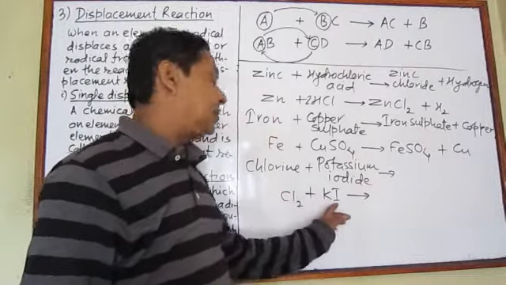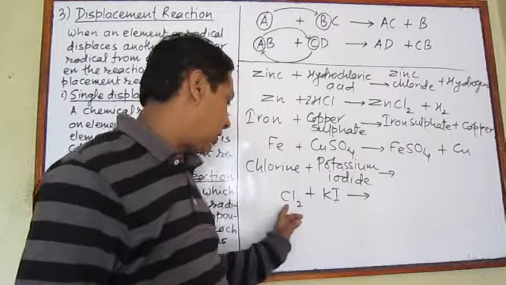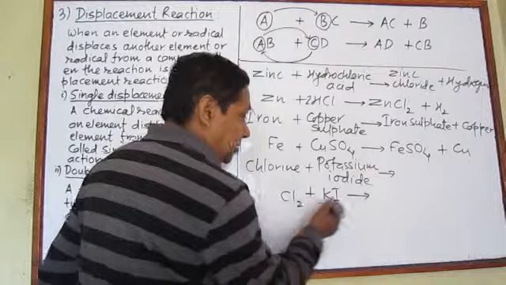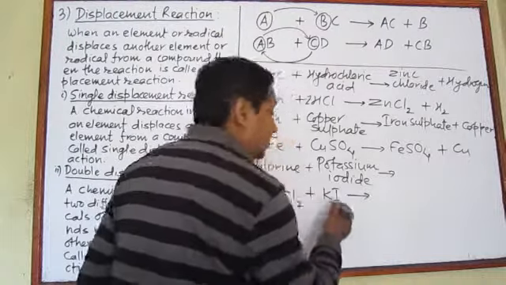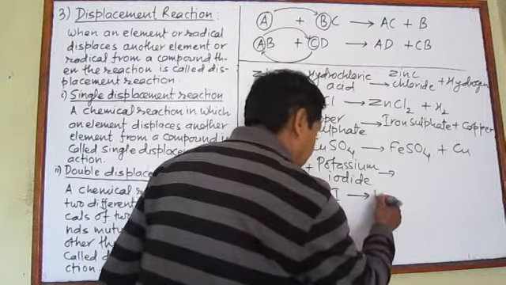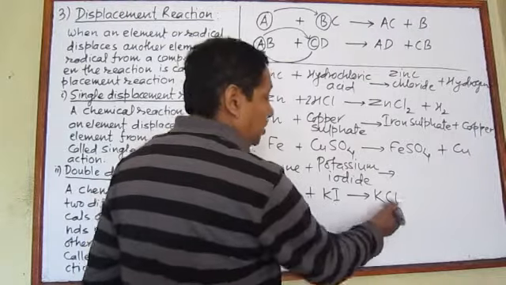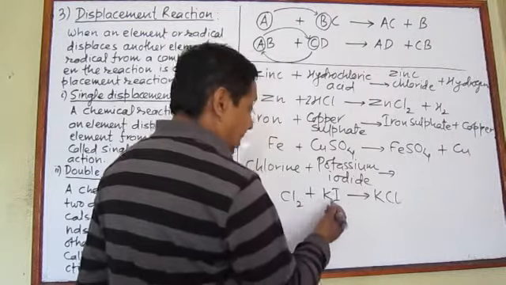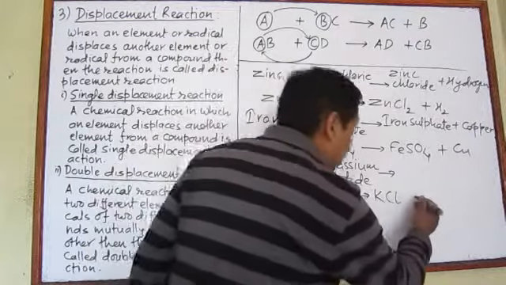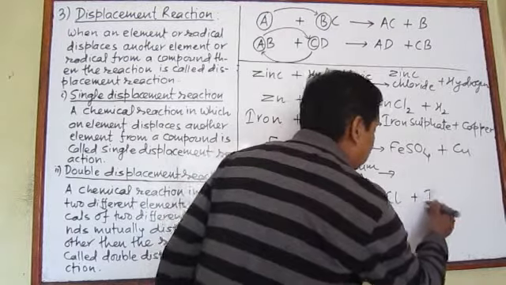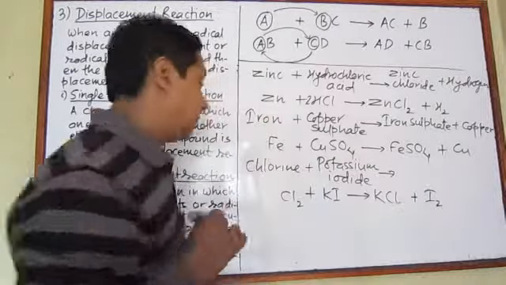A non-metal displaces a non-metal. That's why here chlorine displaces iodine. If it displaces iodine, then we'll have what? Potassium chloride. Potassium valency 1, chlorine valency 1, equal valency, no exchange. And since iodine is displaced and it is diatomic, so I2 we have to write here.